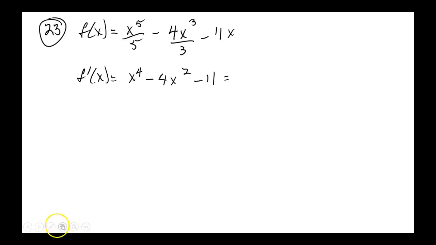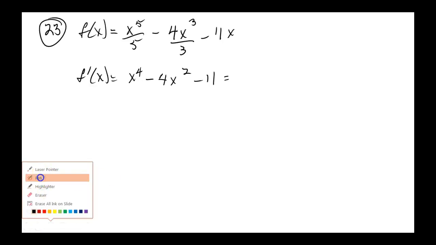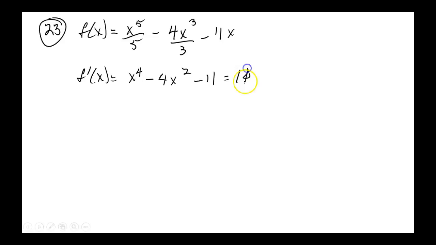Alright. So then this would be x fourth minus 4x squared minus 21, you're making it equal to 0.